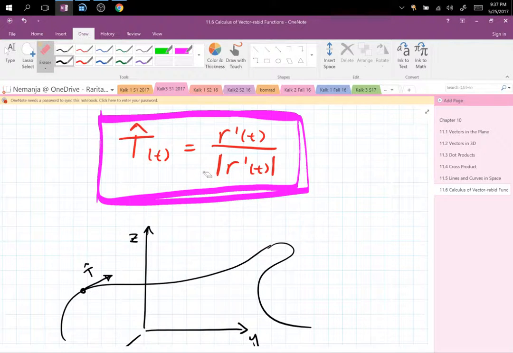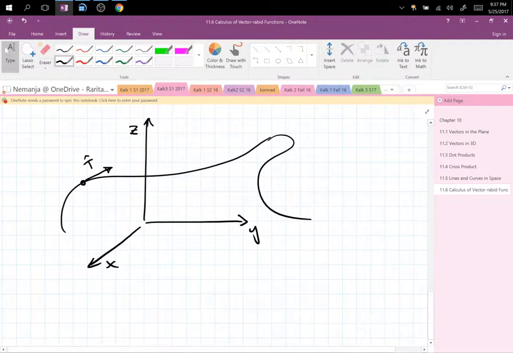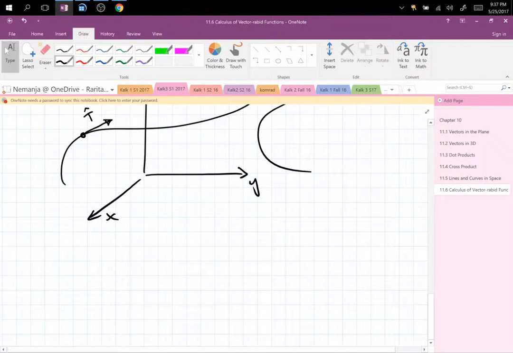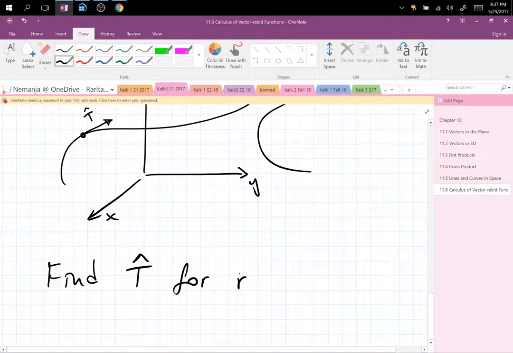So, example: find the unit tangent vector for r equals 3 sine t, t squared, 3 cosine t.